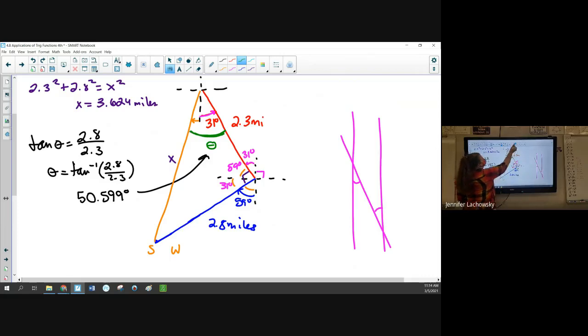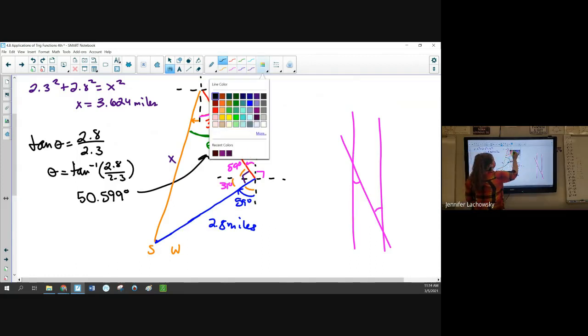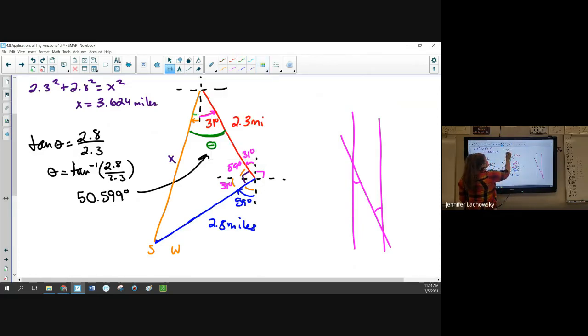I need this angle right here, in a different color, theta 2.